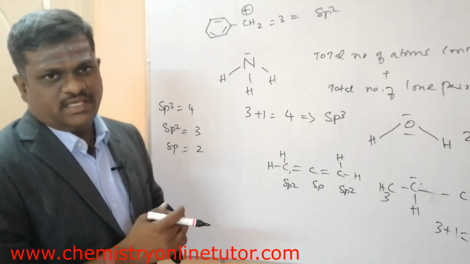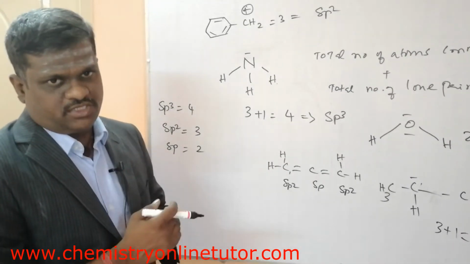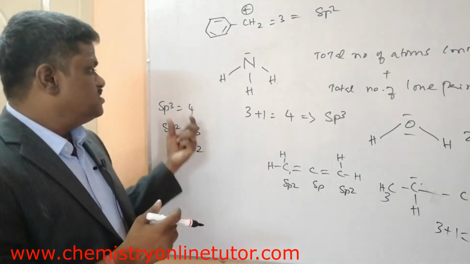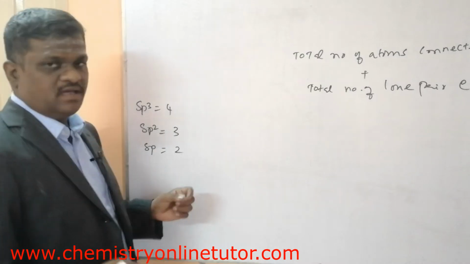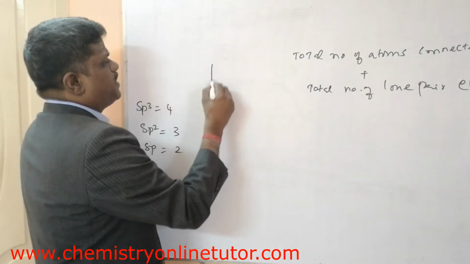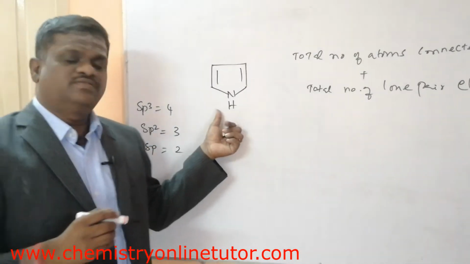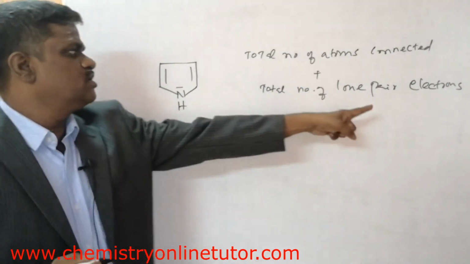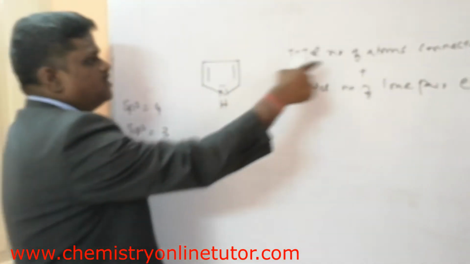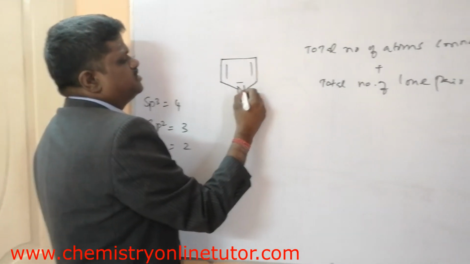Now we are going to see some exceptions, where this cannot be worked out. Let's see, these are the examples. Now let me find out the hybridization of nitrogen. What the rule says: total number of atoms connected and total number of lone pair electrons. How many atoms are connected to this nitrogen?